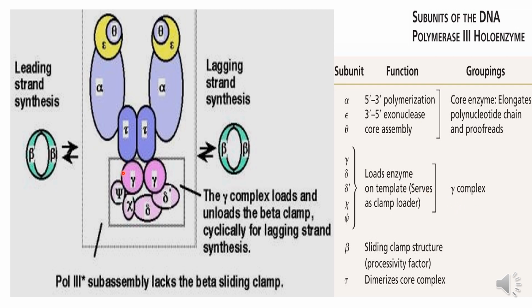This is the gamma complex, which is known as the clamp loader, and it also consists of two beta subunits which are the sliding clamp. They are also known as the processivity factor, which increases the efficiency of polymerase while replicating, and tau subunits help the dimer to stay intact while the leading strand and lagging strand synthesis is going on.